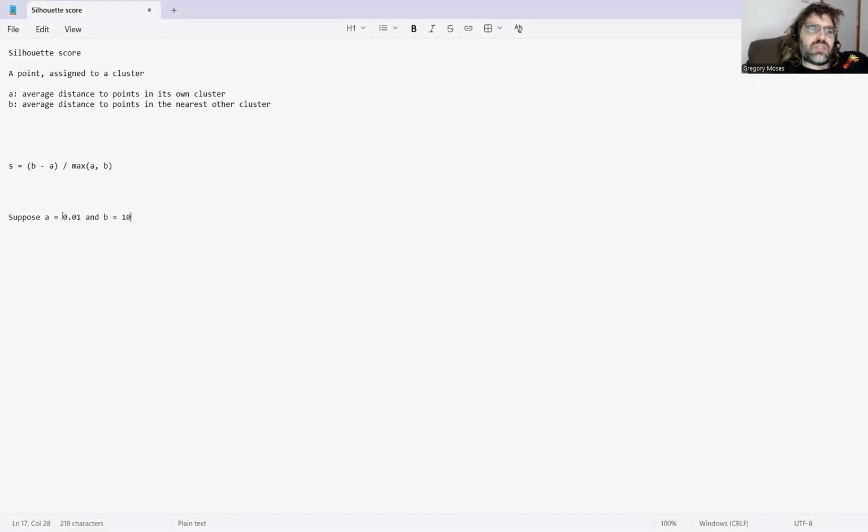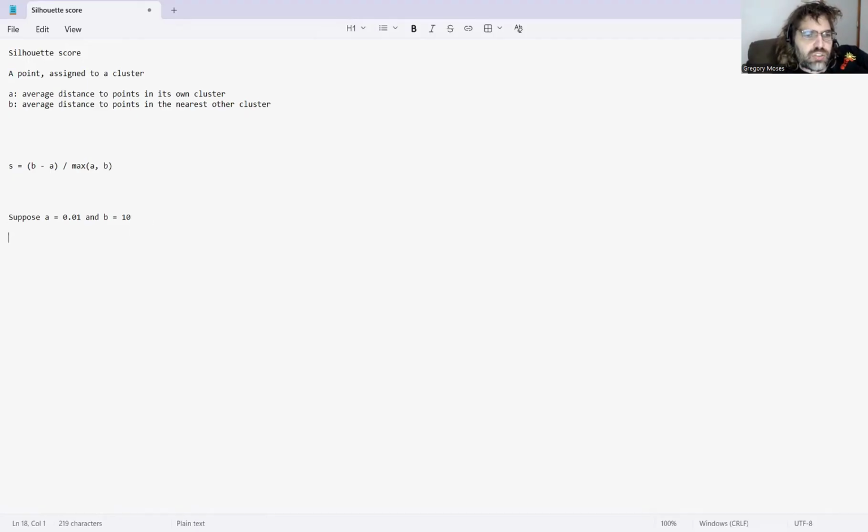Let's let A be small and B be large. This is the best case situation. This says that we have our clusters and our clusters are very tight and far away from each other. So a point in this cluster is close to other points in this cluster, but far away from any points in this cluster.